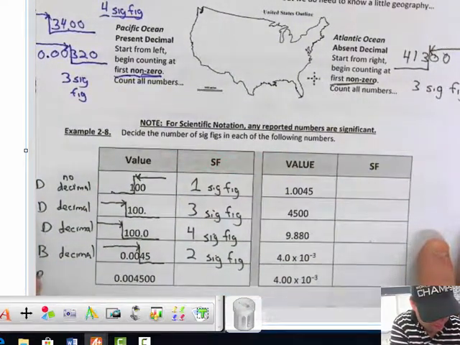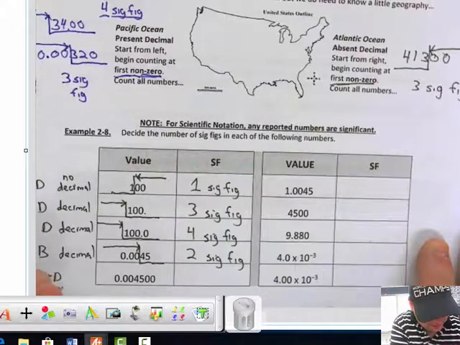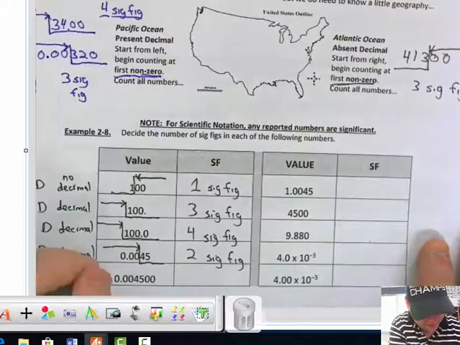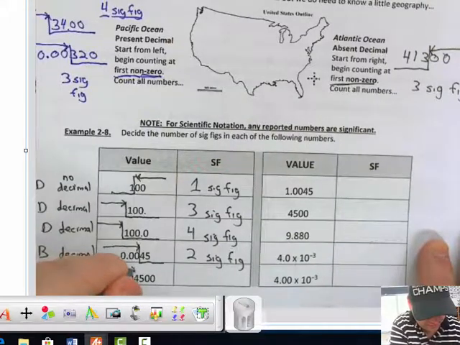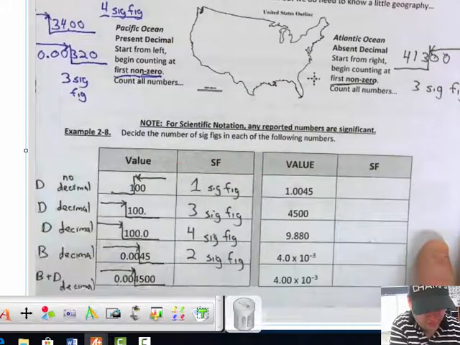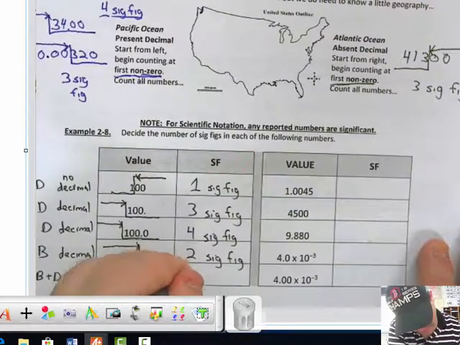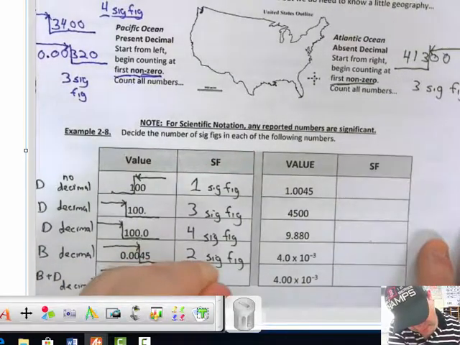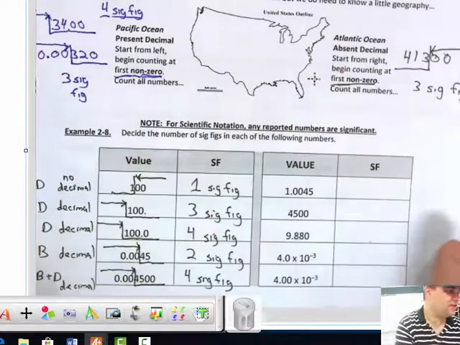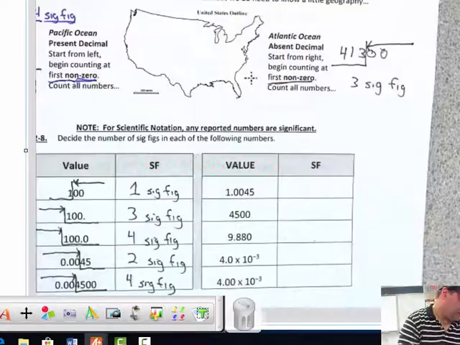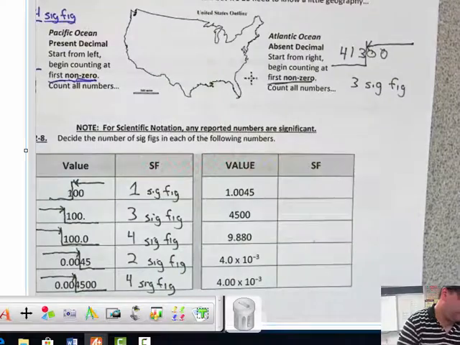This is rule B and D, and it has a decimal. So we pass the leading zeros to go to the 4, and then underline. These are trailing zeros, so those count. 4 significant figures. Let's go to the other side over here.